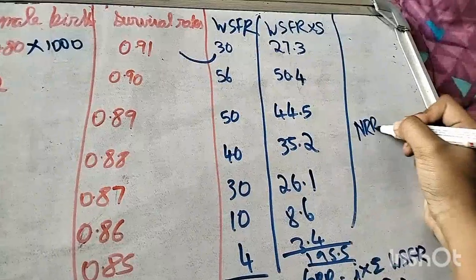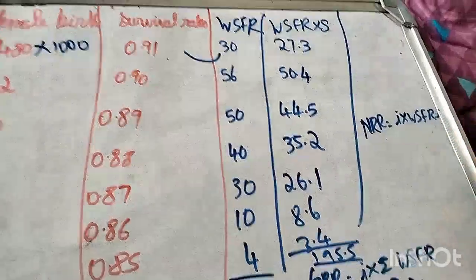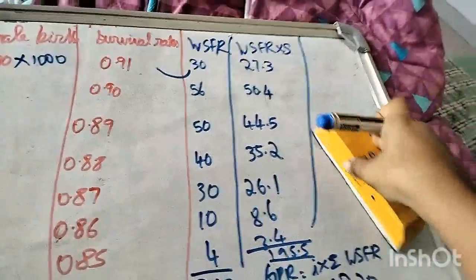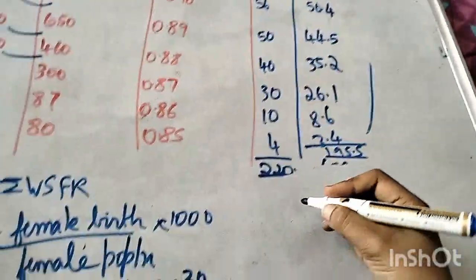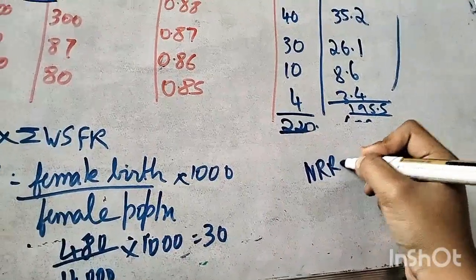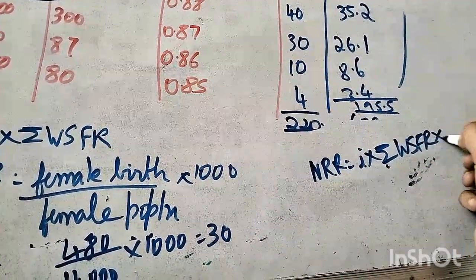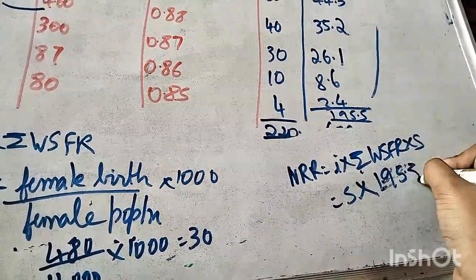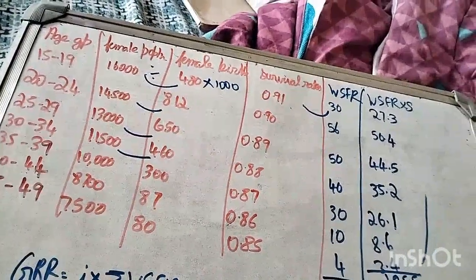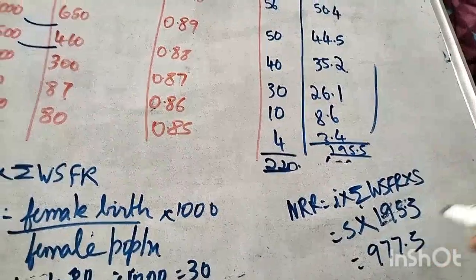So NRR is equal to I into summation WSFR into S. I is 5 again, into 195.5. So the answer is going to be 977.5.